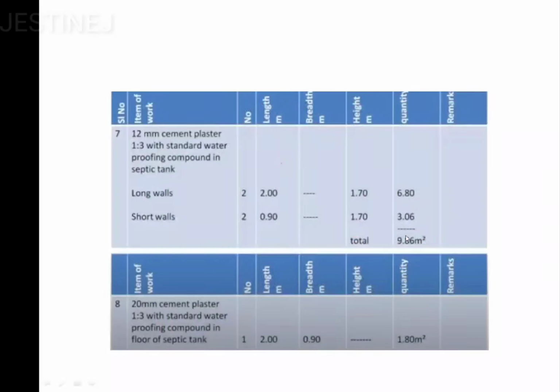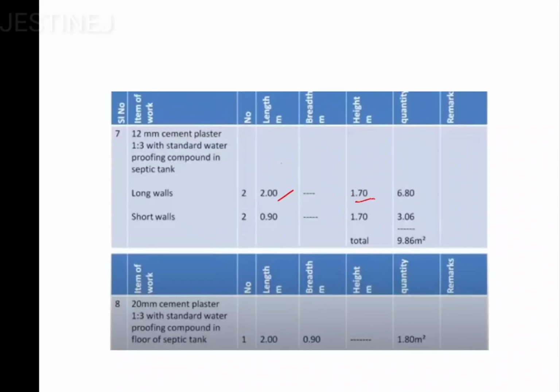So from this you can clearly observe the 12 mm cement plaster, that is 1:3 cement, standard waterproofing component for the septic tank. For the long walls, the length is mentioned as 2 meters, and the plastering work is to be in meter square.